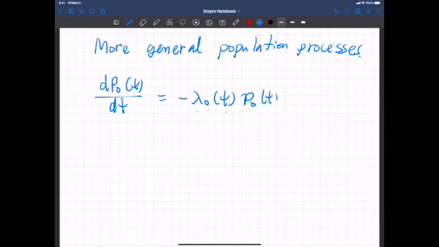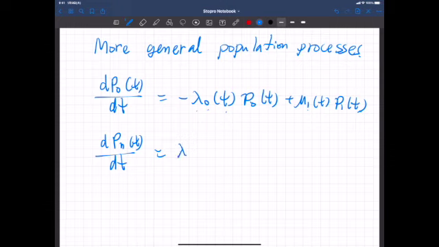So this is a very, very complicated process. The rate of death can depend both on the population size and time. You get the idea.